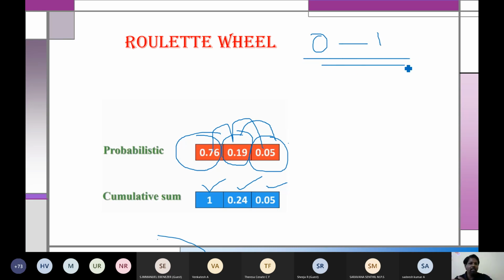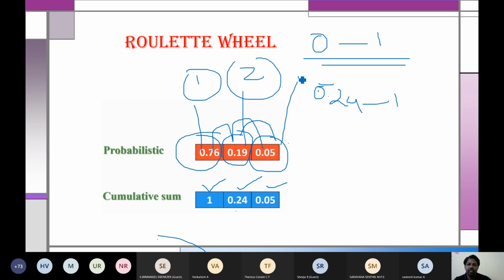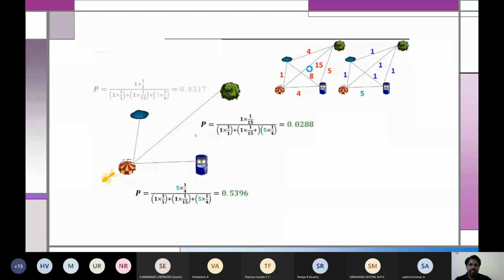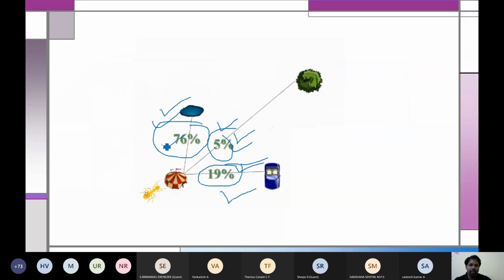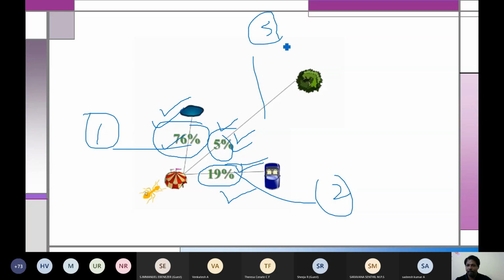If the number generated is from 0.24 to 1, let me take this as the first path. We have got 3 paths: path 1 is 76, path 2 is 19 and path 3 is 5.